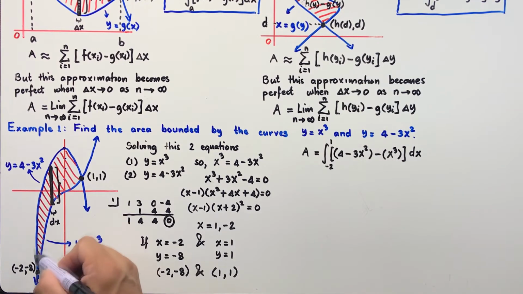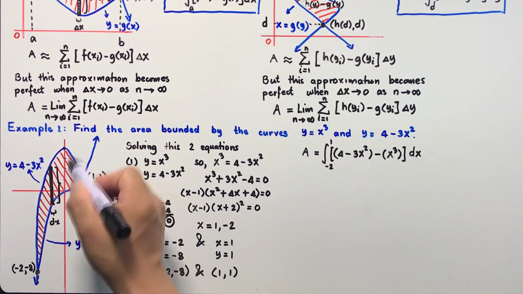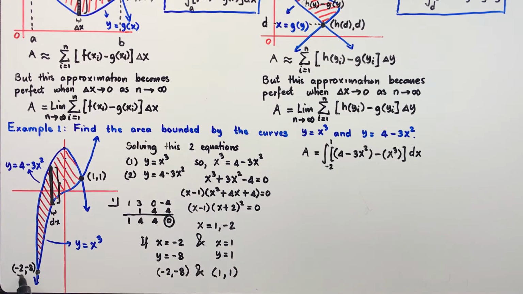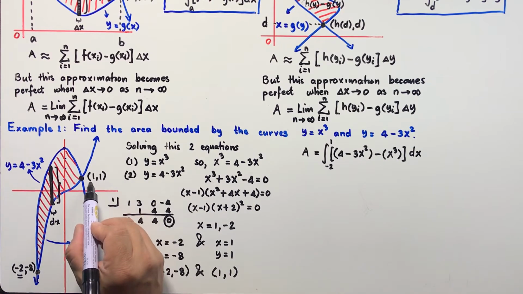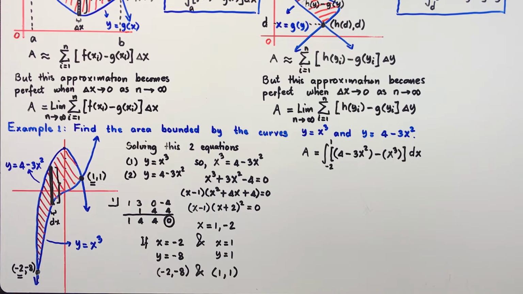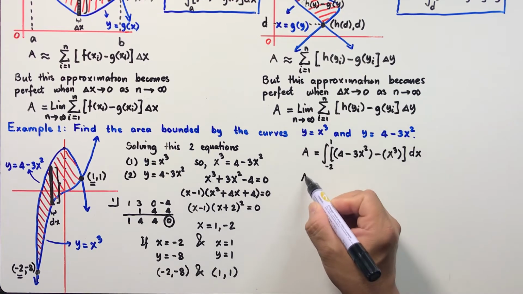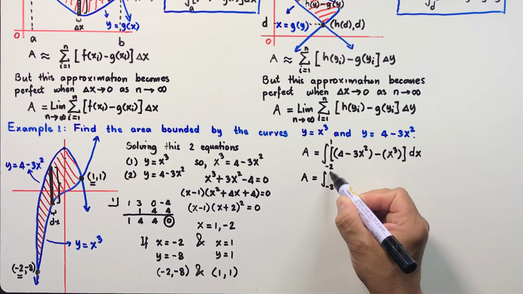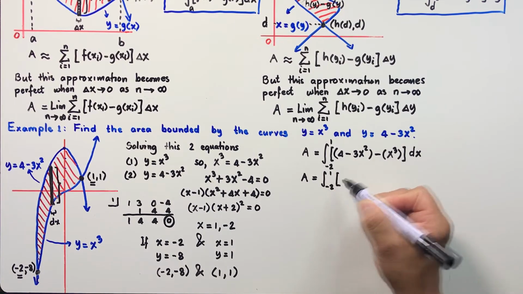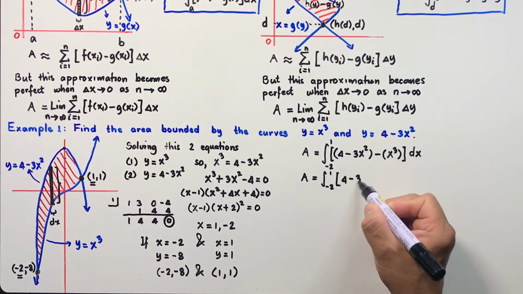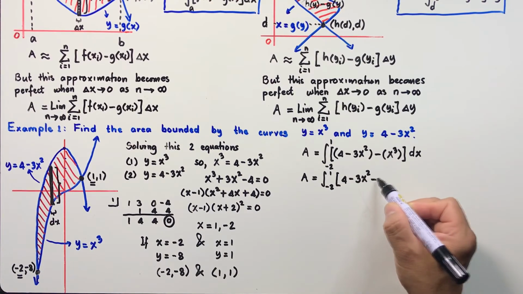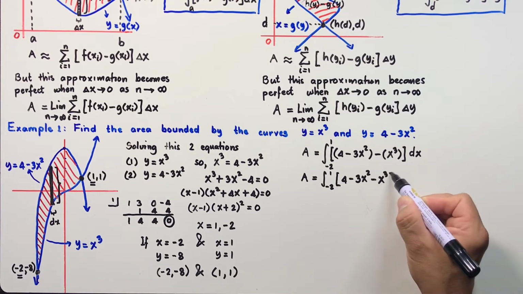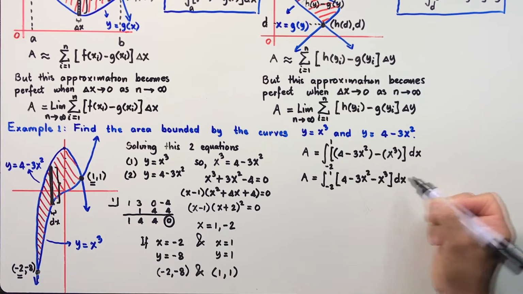Look at this, we are slicing the x. So let us look at the x coordinates of these points. So we are slicing from -2 to 1. Now at this time, we can simplify our answer by removing the parentheses. So this is the integral of 4 minus 3x squared minus x cubed dx.